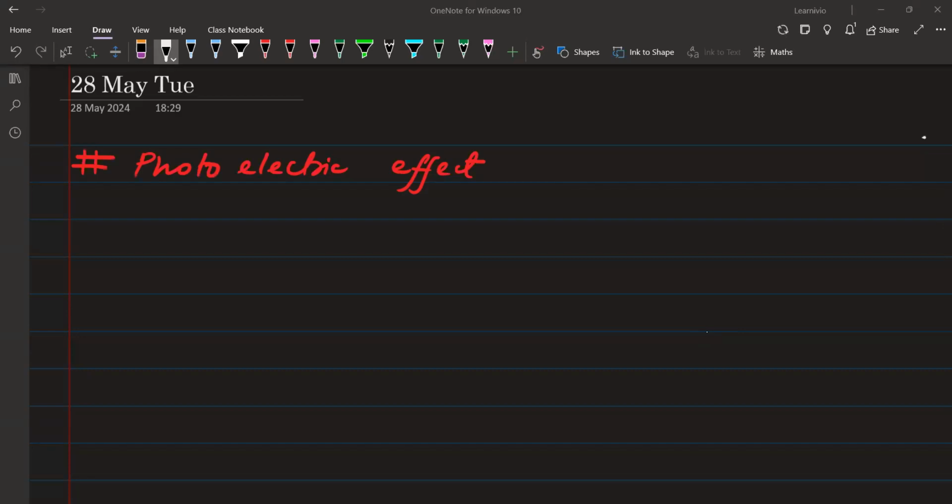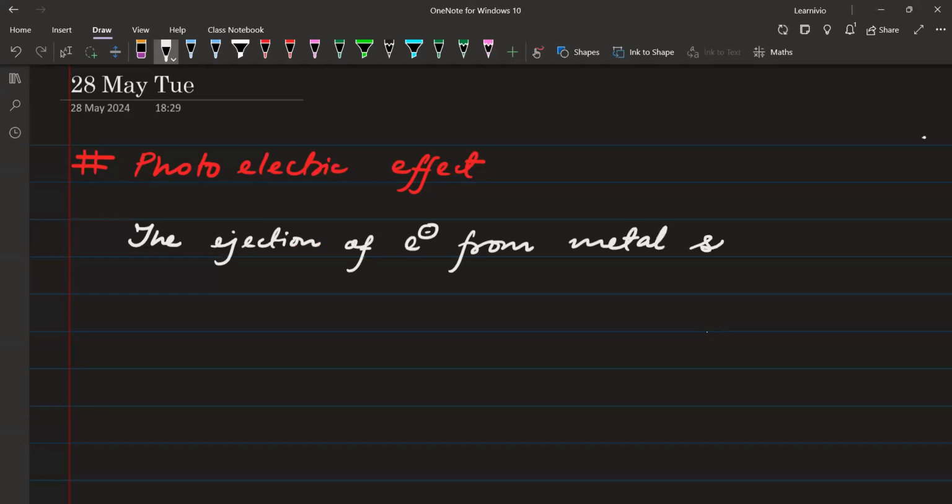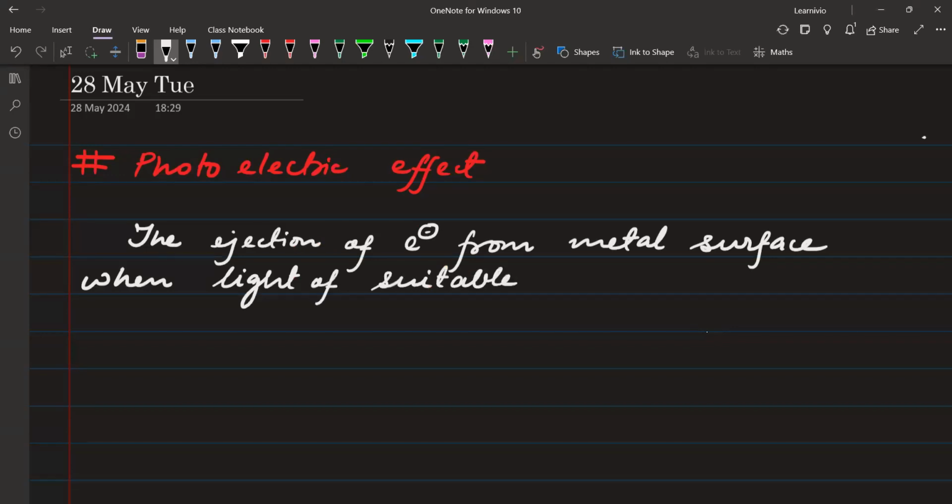Ejection of electron from metal surface when light of suitable frequency strikes the surface of metal.